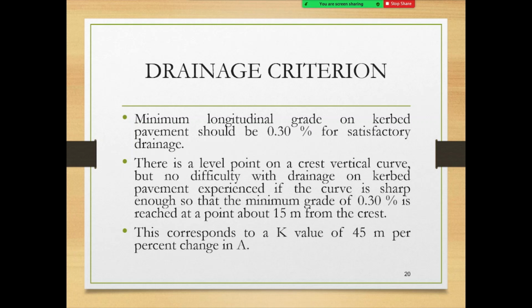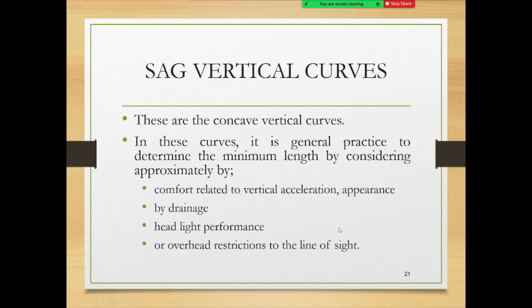That means you have to design in such a manner that in a vertical curve, 0.3% should be reached within 15 meters from the summit of the curve. This corresponds to a K value of 40 meters per percent change in A. Usually we do not follow these for national roads. These are high standards for expressways and things.